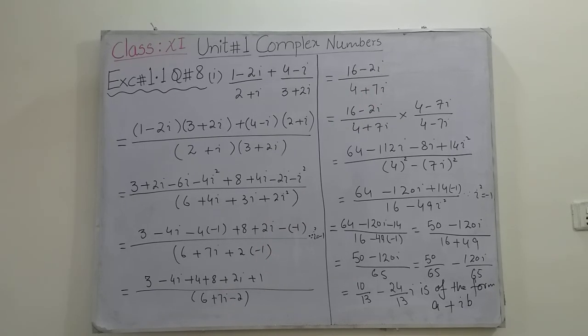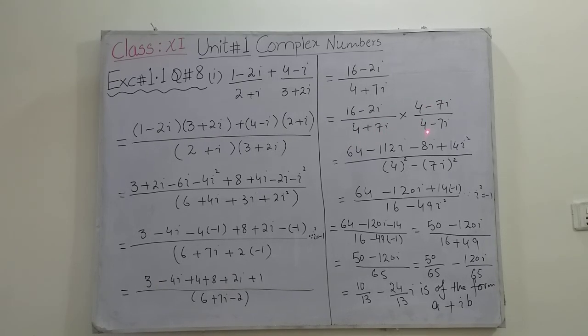Now, for the required result, we will rationalize this complex number in the form of division. So multiplying and dividing by the conjugate of this denominator complex number, whose conjugate is 4 minus 7 iota.